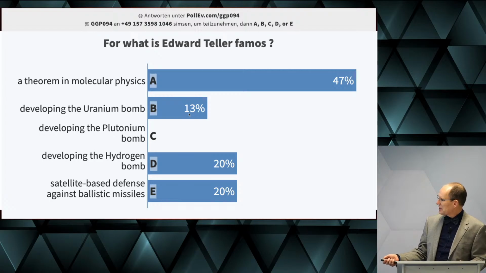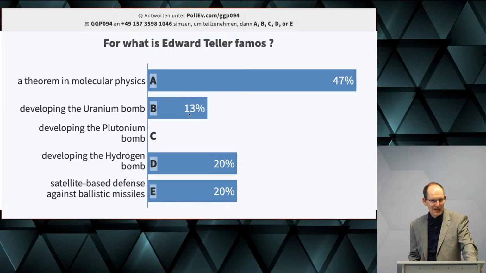So why was Edward Teller famous when I was young? Because the hydrogen bomb was already a historic thing when I was a student, so 30 years older. What was in the debate 30 years ago, this was Ronald Reagan's era, this was the Strategic Defense Initiative.